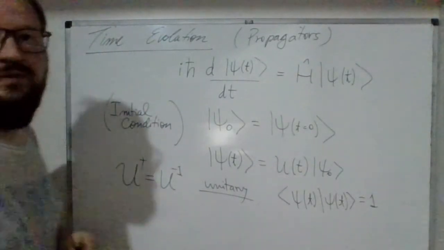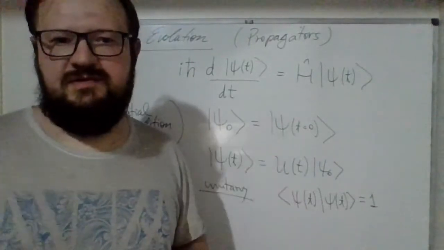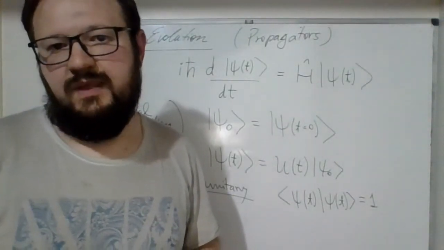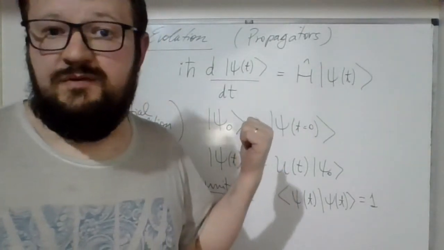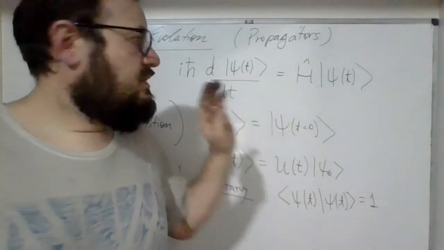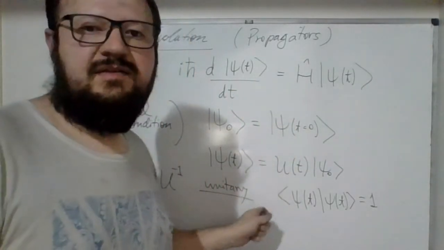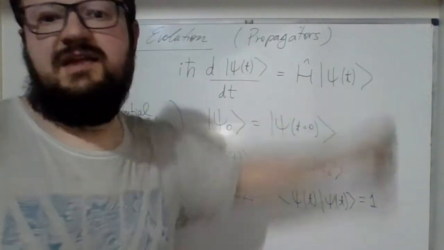All right. So in the previous lecture, we discussed finding the eigenvalues for Hamiltonians. In this case, suppose that you are trying to calculate the evolution of a state which is not an eigenstate of the Hamiltonian.